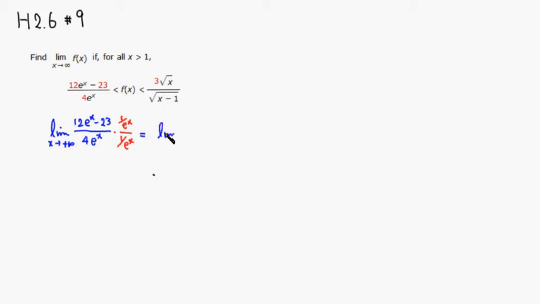the limit as x approaches positive infinity. Then you have 12 e to the x over e to the x is 12, minus 23 over e to the x, and then you have a 4 on the bottom. As x gets larger and larger, e to the x gets larger, so 23 divided by a really big number approaches 0.